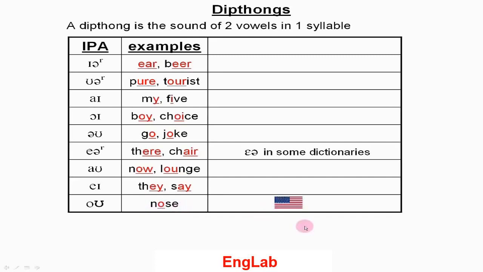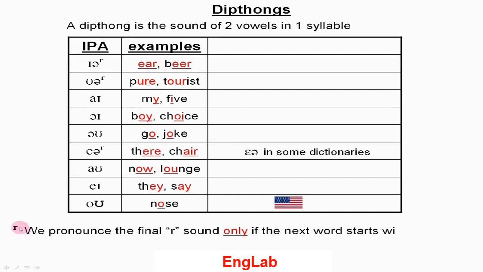This is only for American English. And again, the same rule, the little r, here, here, and here. For these three sounds, again, we only pronounce the final R sound if the next word starts with a vowel, and it is exclusively for British English, okay? In American English, they always pronounce the final R sound.